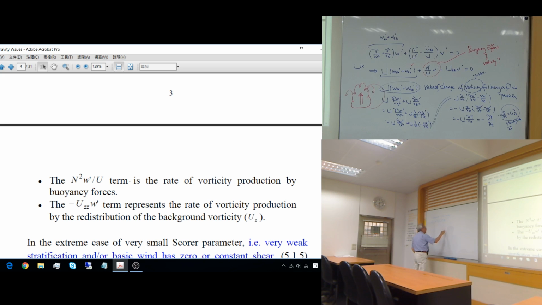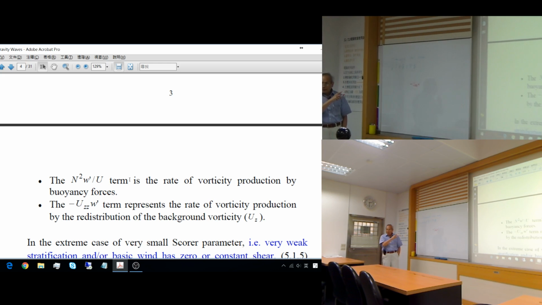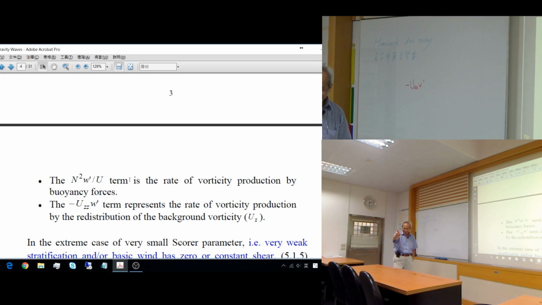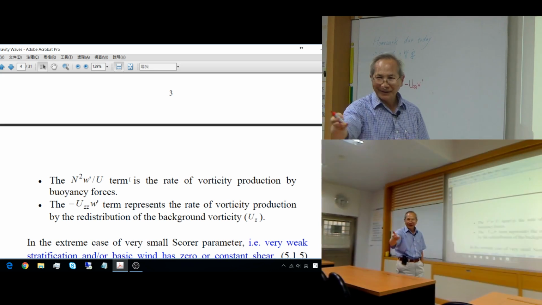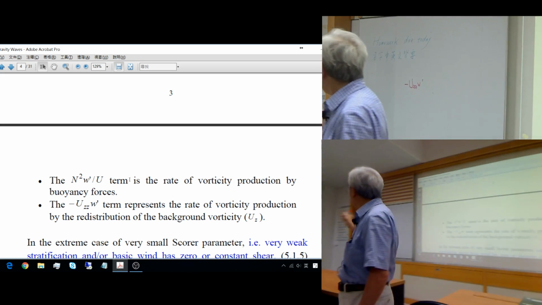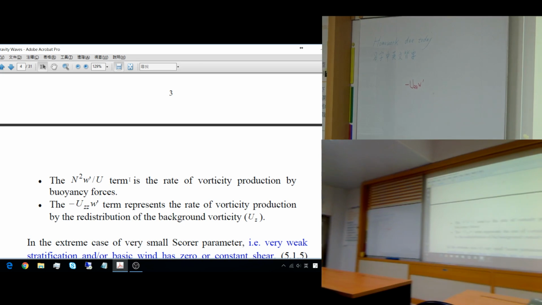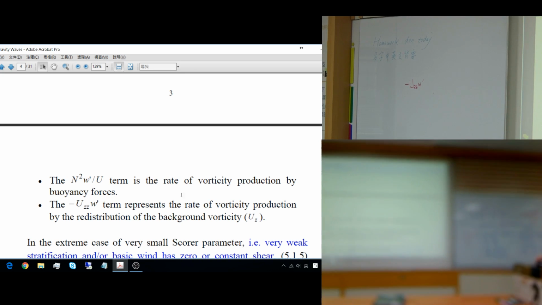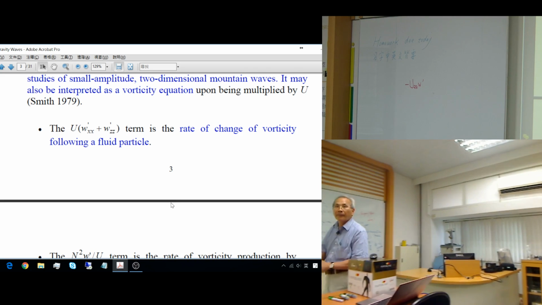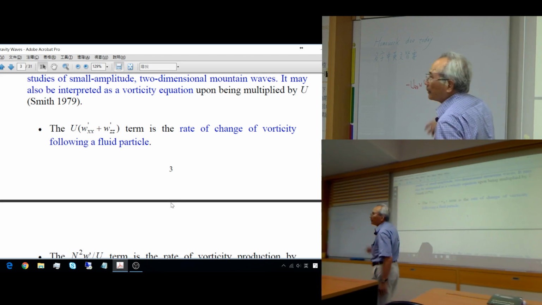Negative u g w prime. So how do you interpret this? Now it's your turn. Tell me what you find. Can you find why I say that? What's the physical meaning there?